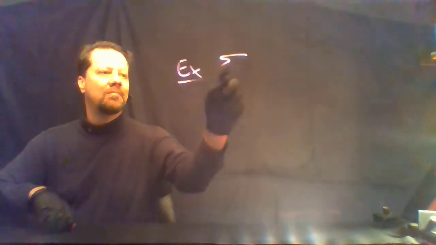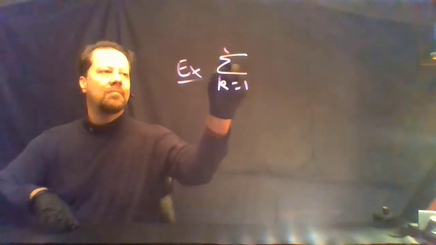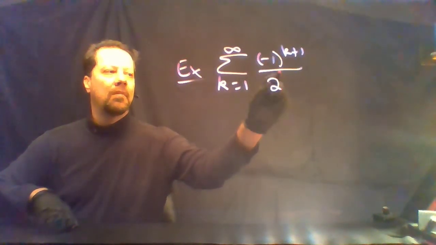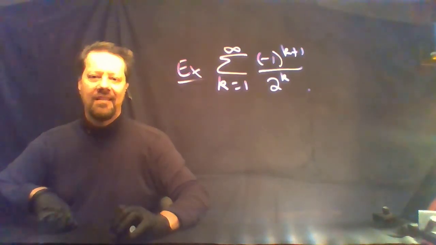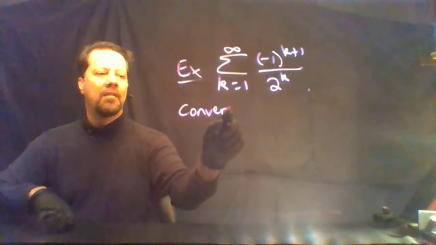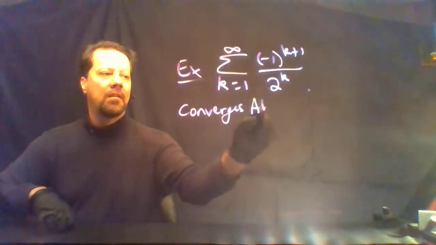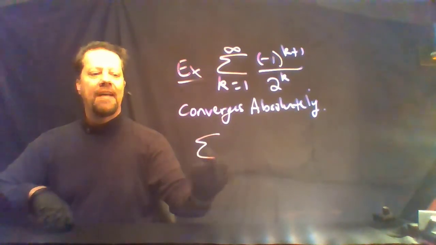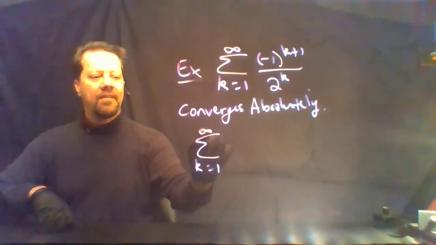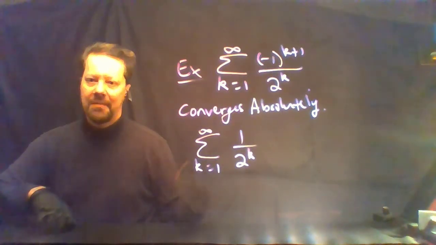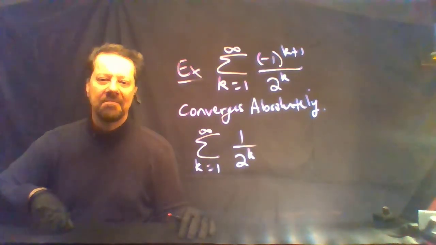As an example, this series converges absolutely. In absolute value, you get the series 1 over 2 to the k, because in absolute value, the negative ones are all going to go away.